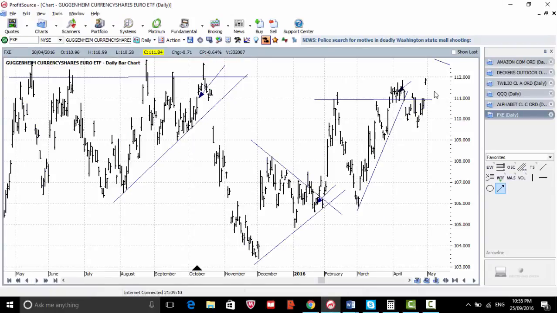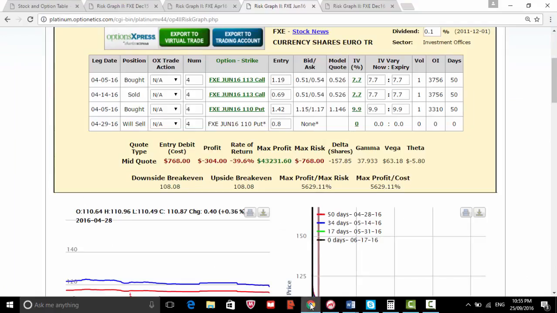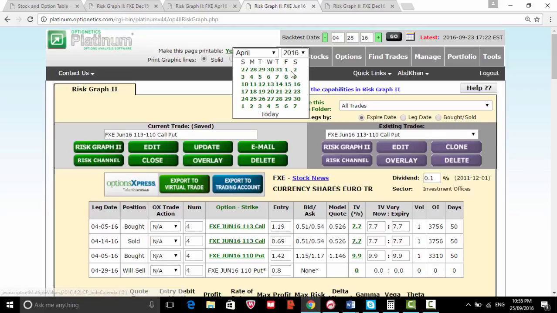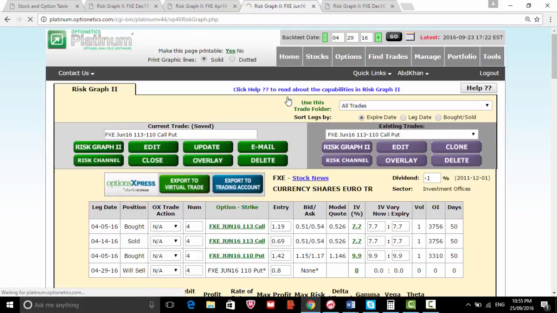And now you can see the stock has made a fairly significant move back to the upside. And now on the 29th of April, we are probably pretty close to our $500 maximum level of loss potential, which is in accordance with our management plan.